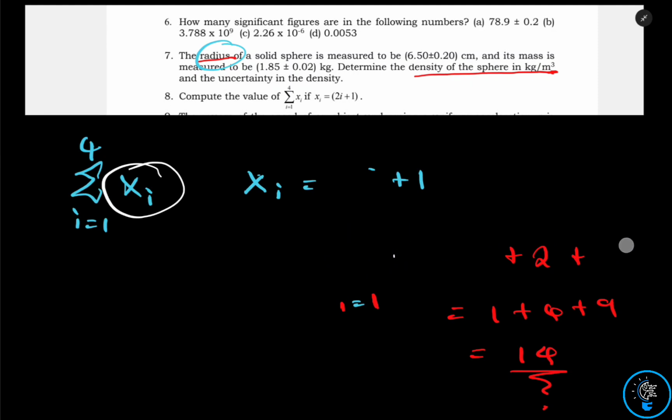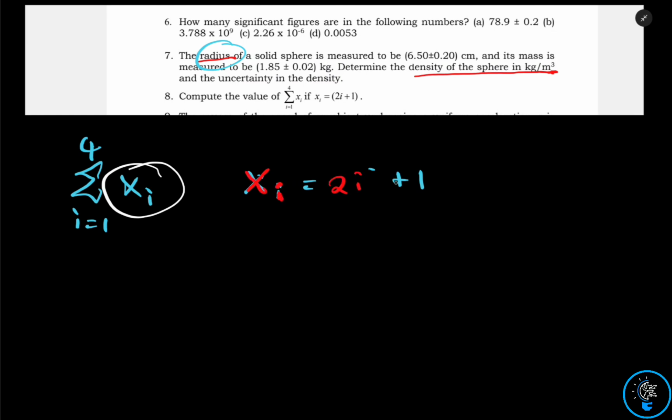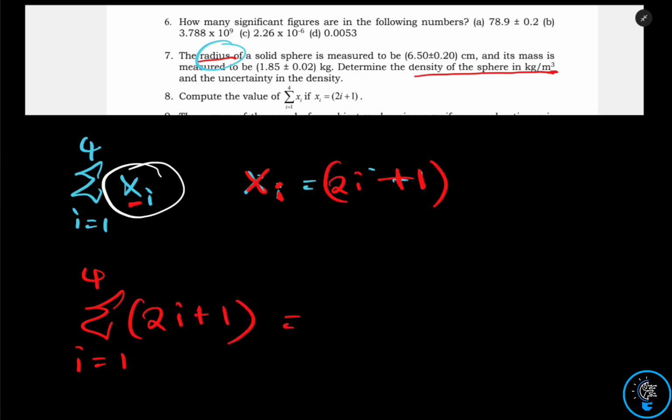So we are given this question, and we are told that this x with a base of i is equal to 2i plus 1. So we can write this particular expression as the summation of i equals 1 of 2i plus 1.